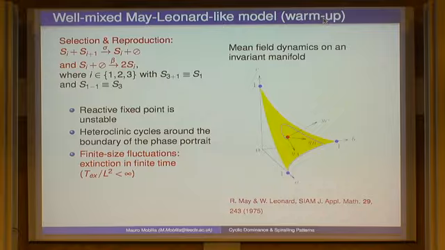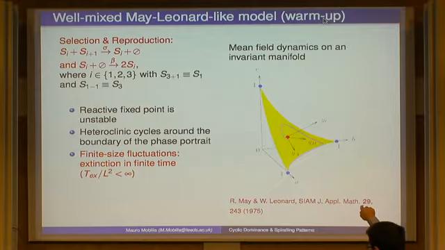And so what happens is, if you study the mean field dynamics, if you write down the ODEs corresponding to this type of dynamics, you find that there is a reactive fixed point that is unstable, and the dynamics takes place on an invariant manifold, this yellow manifold here. Quickly the trajectories approach the edges of the phase portrait, and they form these heteroclinic cycles, right?